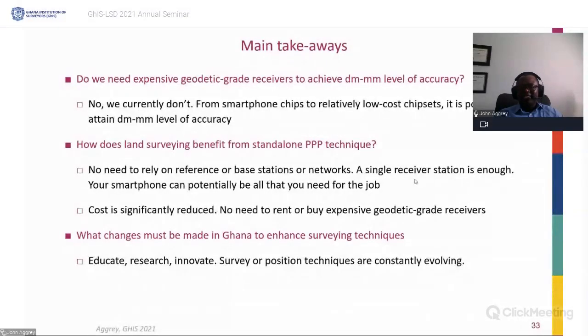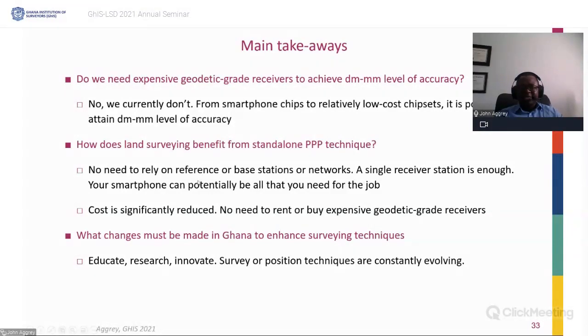I don't know how it is currently in Ghana, but I'm thinking they charge you by the hour, whereby you are paying over 800 Ghana cedi an hour or so, or maybe about 100 Ghana cedi to pick a point. You don't need all of that. With this kind of technology, you can just take your smartphone or even buy a $150 receiver, take it to the field, and still do your work with it. So that's great to hear.